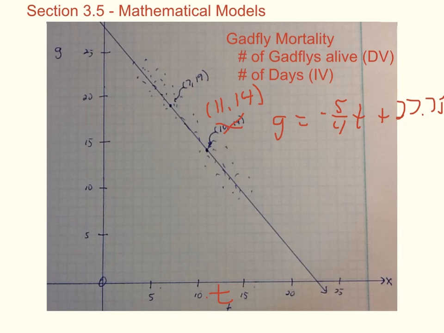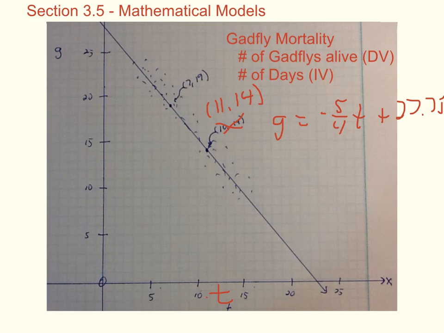And then as the days progress, at about day 15, we see there about 10 gadflies. Day 16, and there is no longer any data. However, we would say that at about day 23, there would be no gadflies left. And that's by our linear model. Now, at day 24, we would start getting negative gadflies. But in real life, there's no such thing as a negative gadfly.